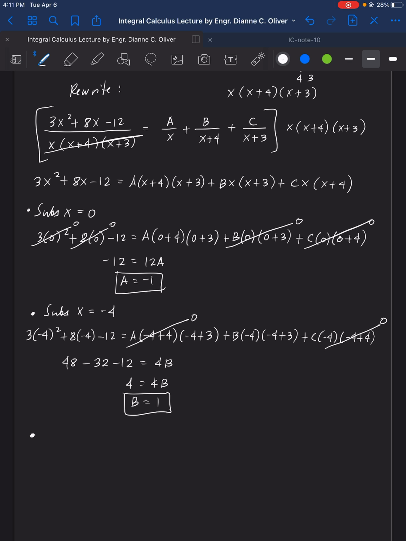Next, removing a and b so that we can have the value for c. So what will we substitute with x so that we can remove a and b? So substitute x is equal to negative 3.